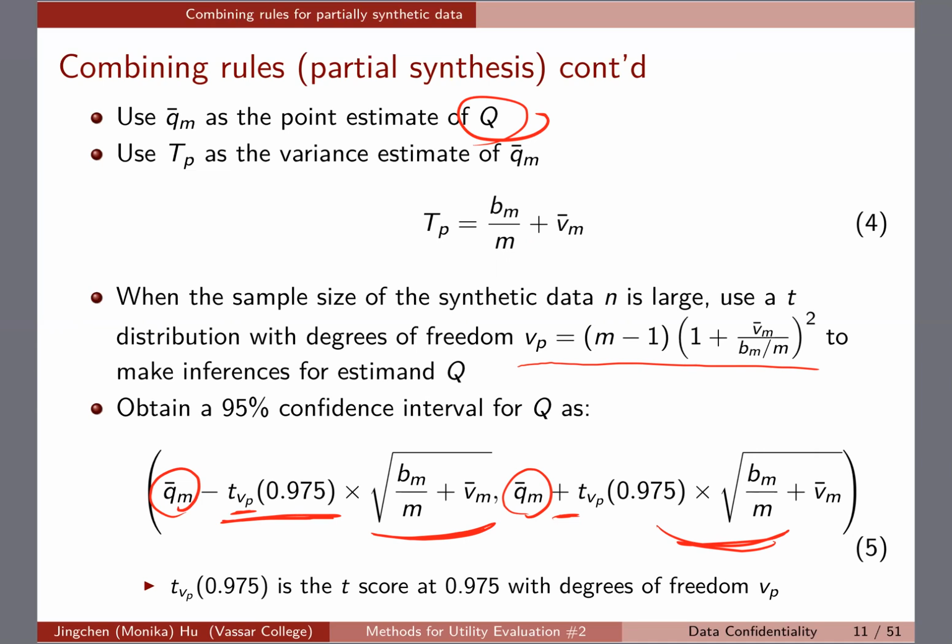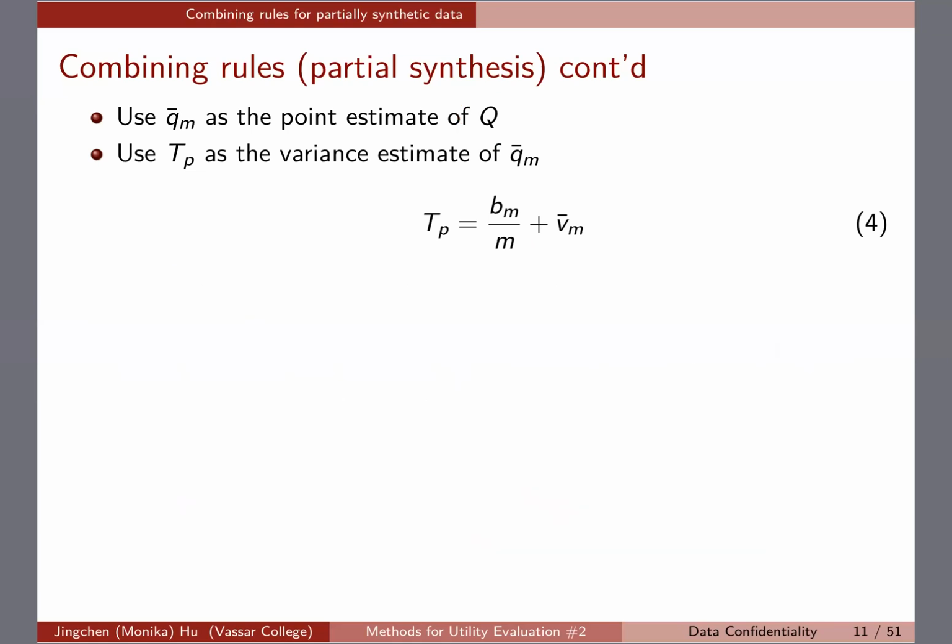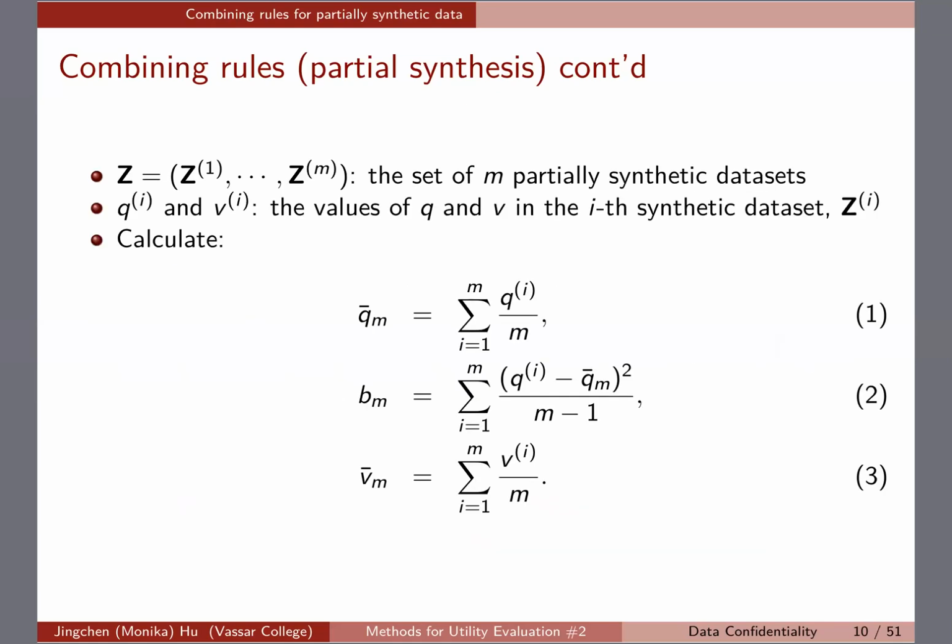But at the end of the day, we're trying to combine the estimates that we have from multiple synthetic data sets, right? If you remember, we compute the point estimate and the variance estimate in each synthetic data set first. That's why you have the QI and BI, right?